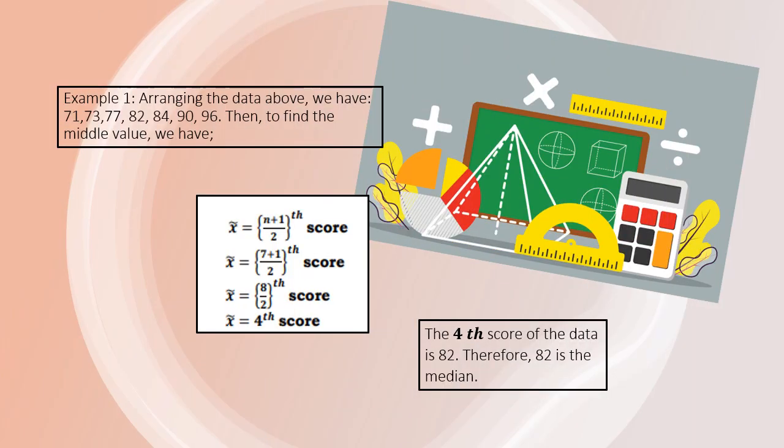Example, arranging the above data, we have 71, 73, 77, 82, 84, 90, and 96. Then to find the middle value, we have the median is equal to n plus 1 over 2 score. So the median is equal to 7 plus 1 over 2 score, then 8 over 2, our median is the 4th score. The fourth score of the data is 82, therefore 82 is the median.